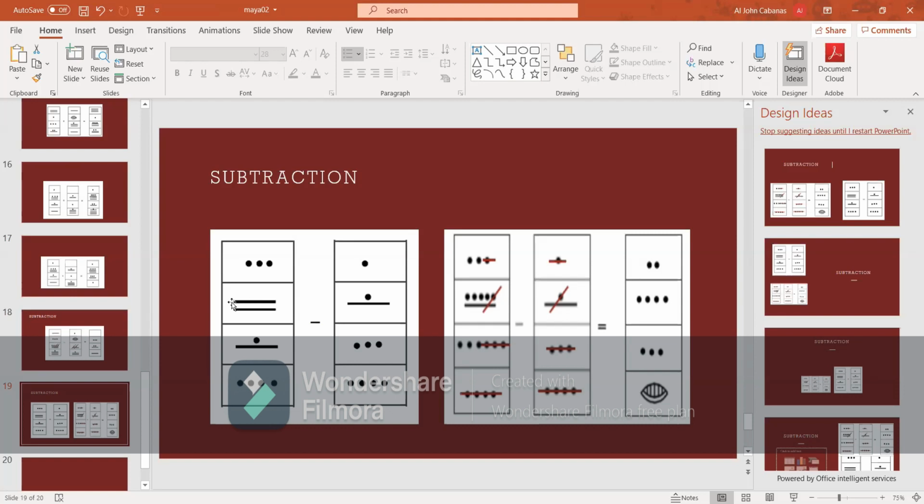So pwede natin siyang i-convert muna into dots, and then we'll now have 1 bar 5 dots minus 1 bar 1 dot. So we can now cancel 1 bar and 1 dot. That will leave us with 4 dots. And then last but not the least, we have here 3 dots minus 1 dot, and then cancel natin yung isa that will leave us with 2 dots. So this will be our final answer for this particular given.